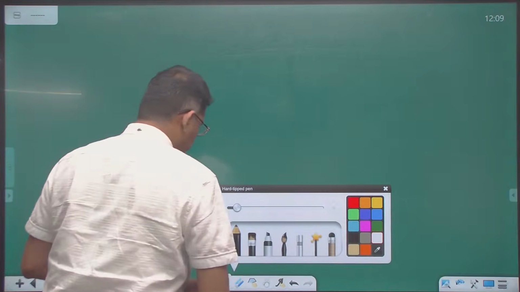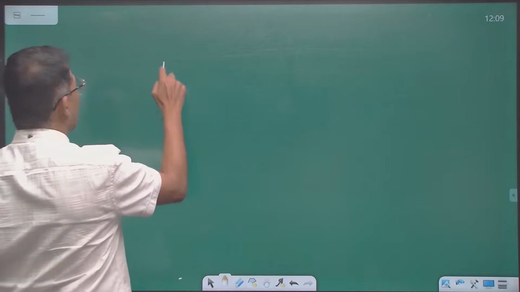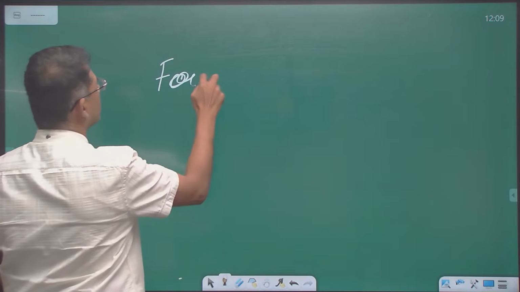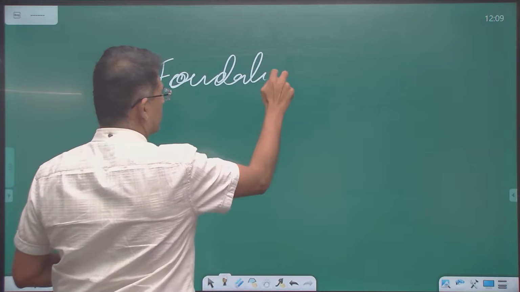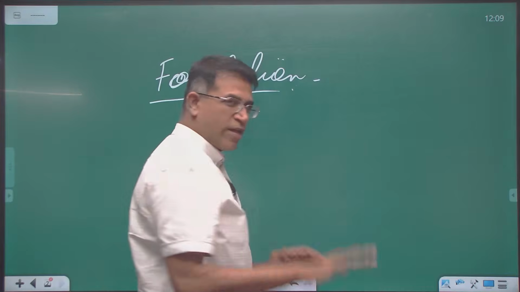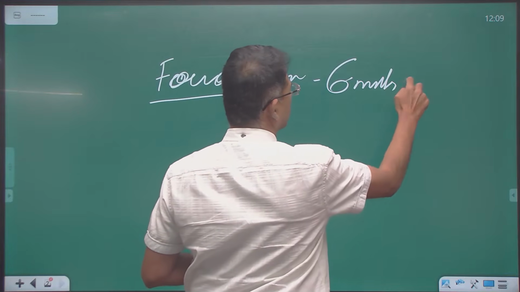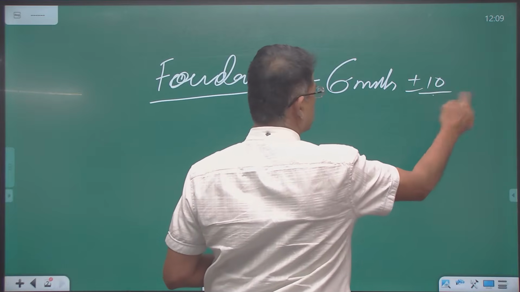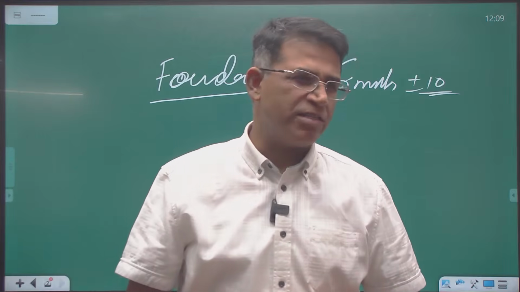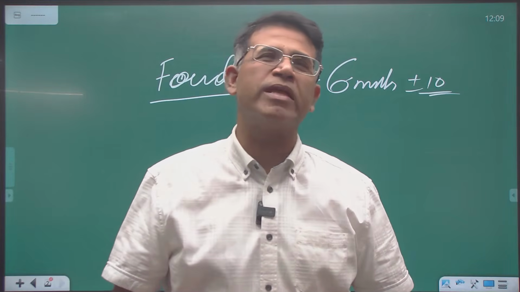So we start off now. First, all of you are part of the foundation batch that is going on right now. Starting today, I need 6 months plus minus 10 days, depending on how I pace. For your batch, I'm late by 4 or 5 days because I couldn't finish some topics, and then we had some breaks in between.